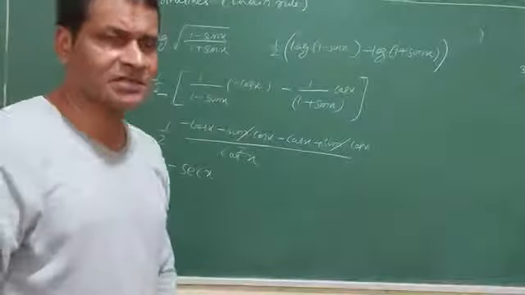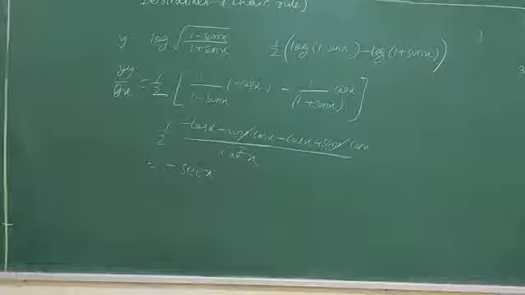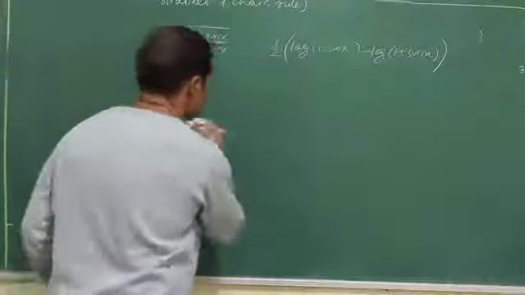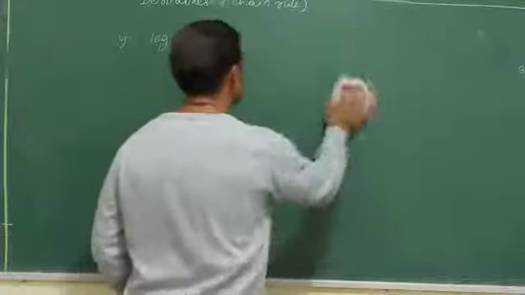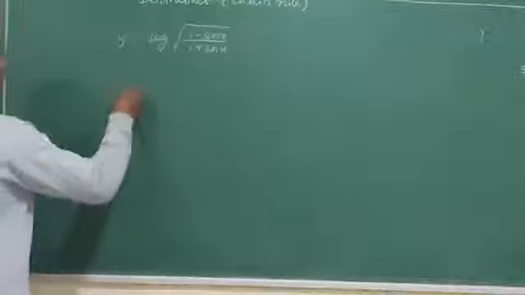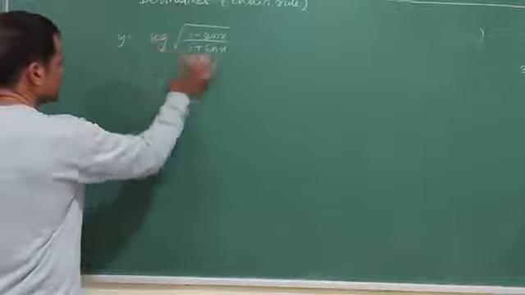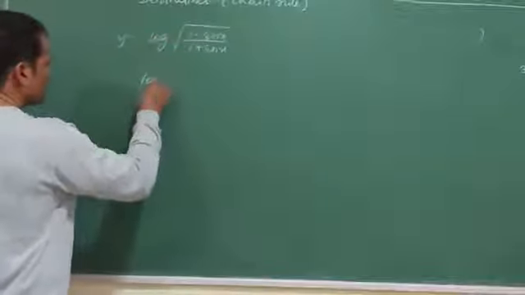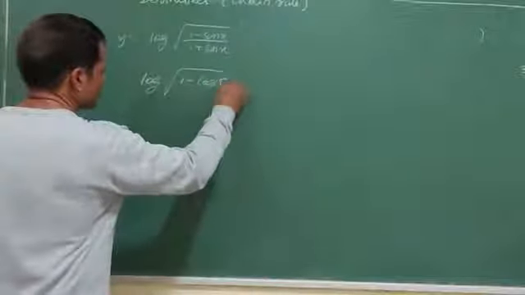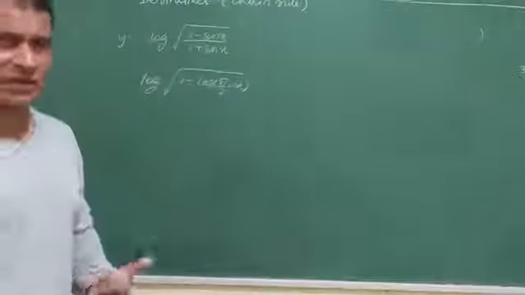Are there some other methods? Let's see. One by 2 log (1 minus cos (pi by 2 minus x)). What I told, if sin is there attached to 1, 1 plus cos or 1 minus cos has to be there.